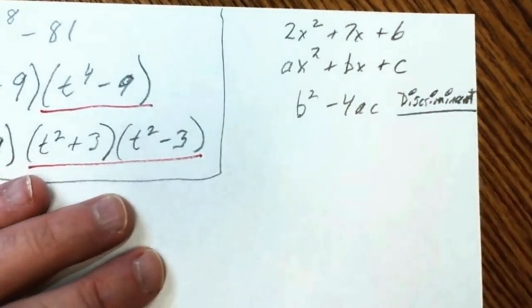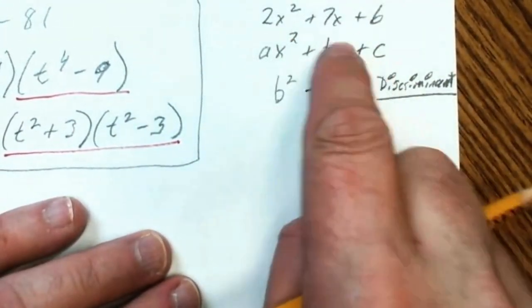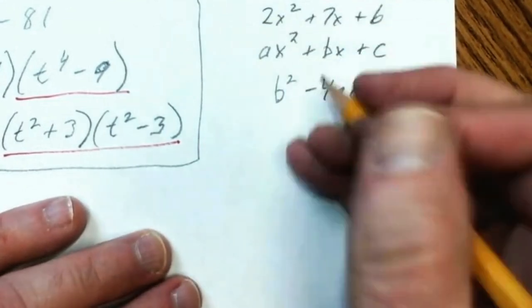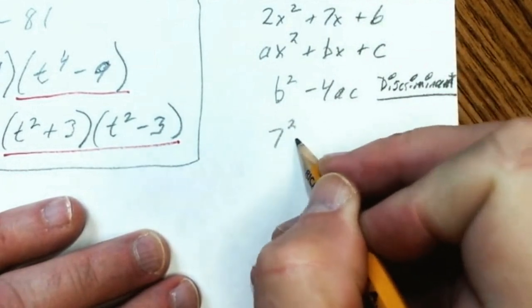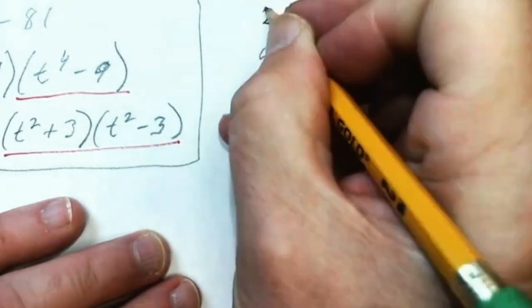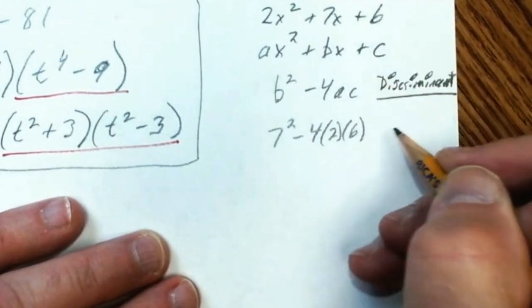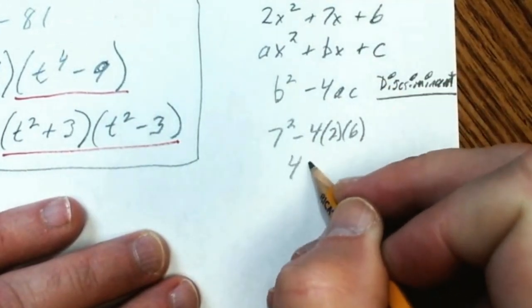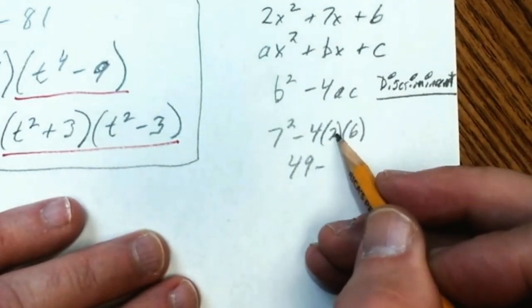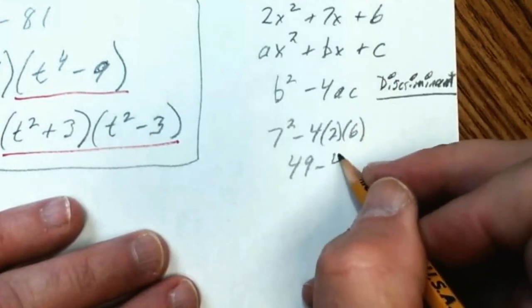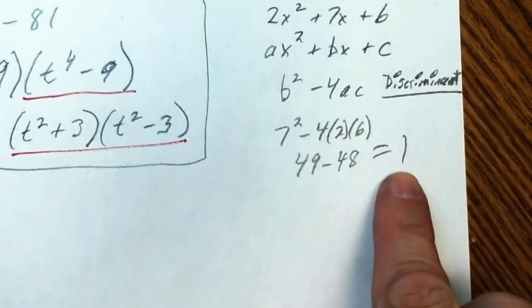So let's take these numbers, a, b, and c, and calculate the discriminant. So b squared, 7 squared, minus 4 times 2 times 6. So that's 49 minus 2 times 4. 4 times 2 is 8, times 6 is 48. So it equals 1.